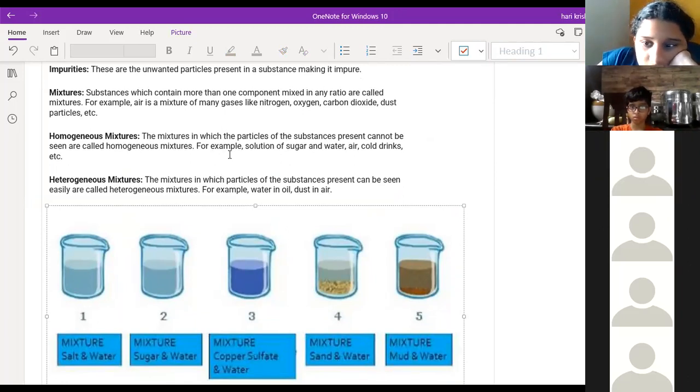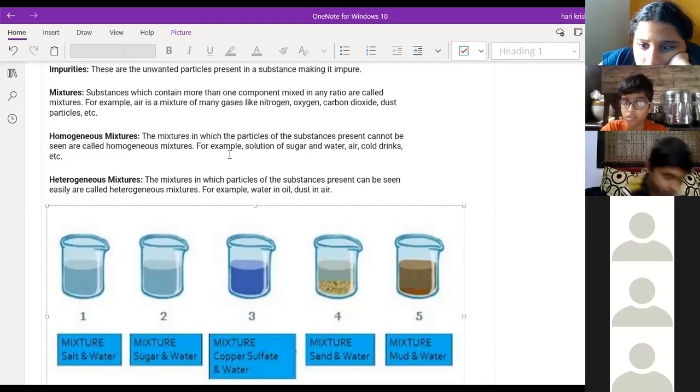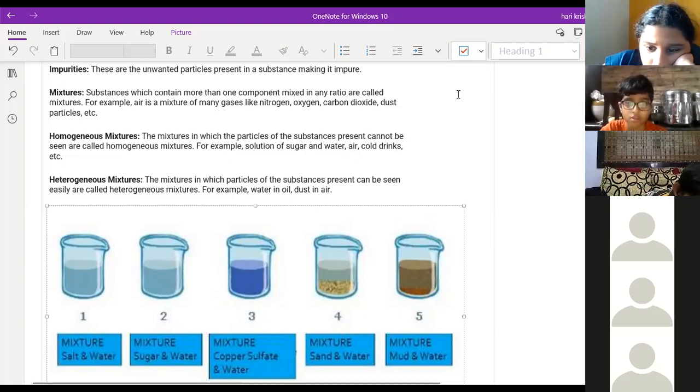Your homework for today is to write down 10 examples for homogeneous as well as heterogeneous mixtures. Sir, in the last 10 minutes, can I put one quiz? Not now, because we'll do the quiz in the next class.